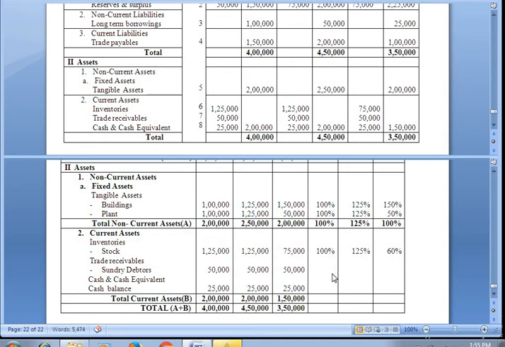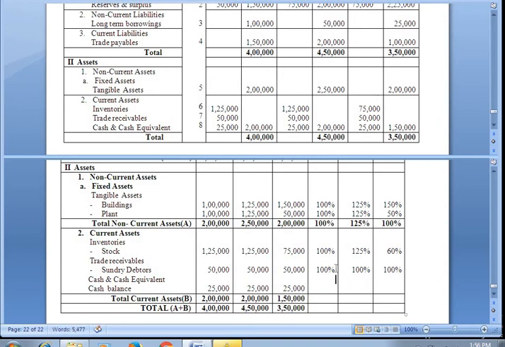Trade receivables include sundry debtors. The amount is 50,000 and every year there is the same amount. First one is 100%. Next one is 50,000 divided by 50,000 into 100, equal to 100%. 2019 also the same, 100%.